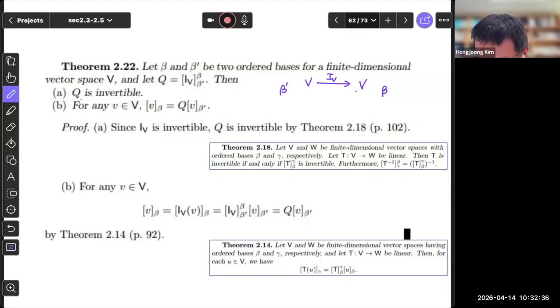Then we can consider the standard representation from V to some F^n space, and we can find the change of coordinate matrix Q from beta prime to beta.